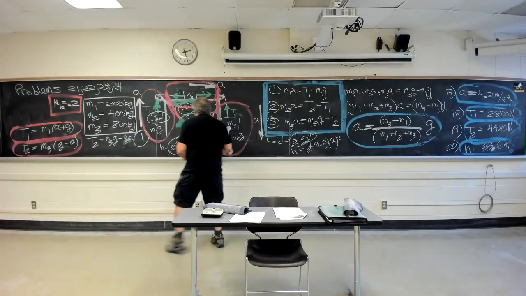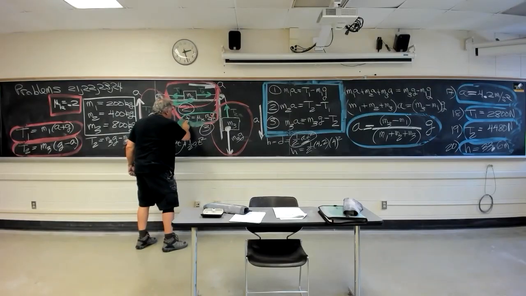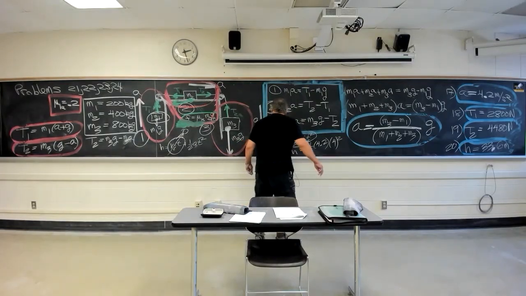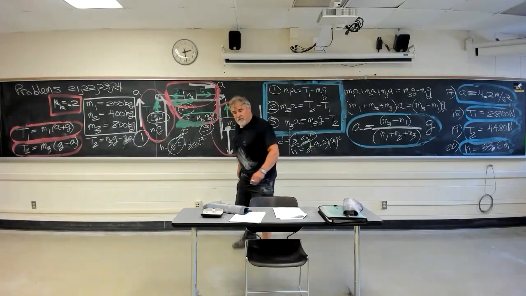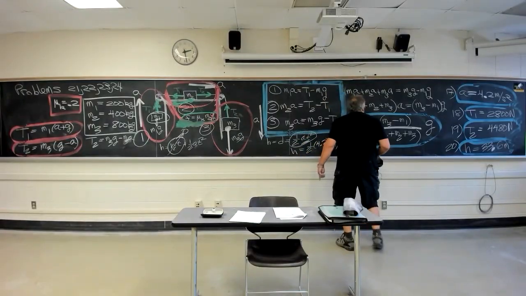That's the interesting thing. What happens here is this guy's pulling, he wins, but he's not only being fought by T1, he's being fought by this, which is the force of friction, mu sub k M2G. So let's see what happens.